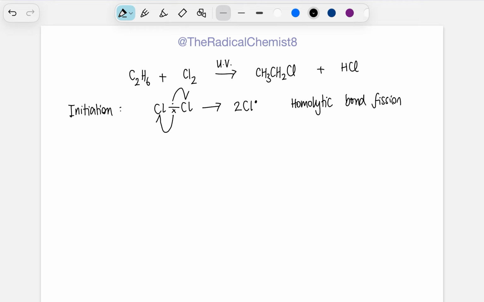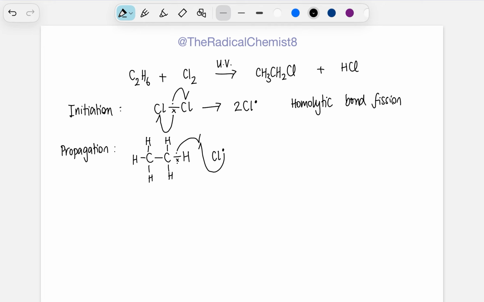The next step would be propagation. In this case, if we've got ethane, this will react with the chlorine radical we just made. So we have to break one of these C-H bonds here. Whenever 2 single-headed arrows meet, that shows a covalent bond forming, because that's 2 electrons combining.